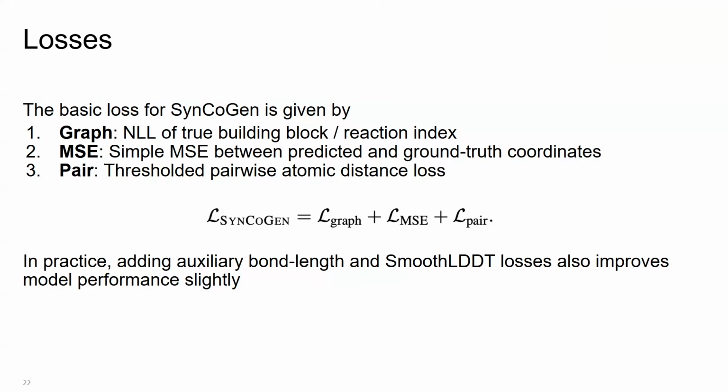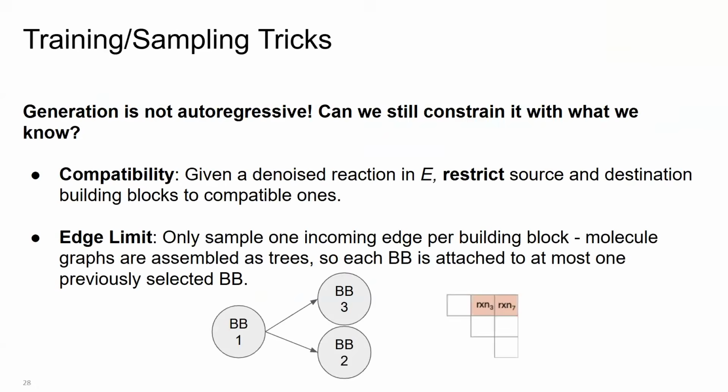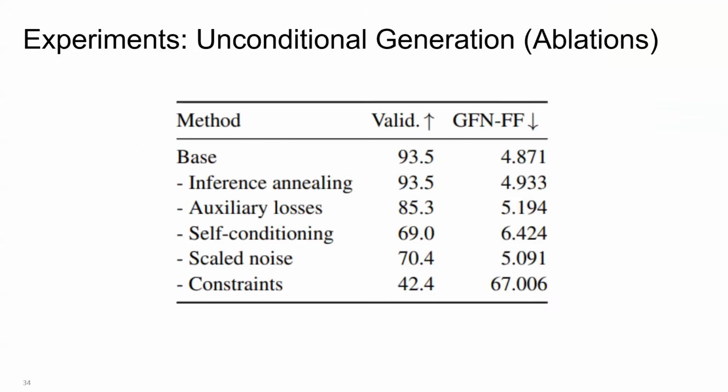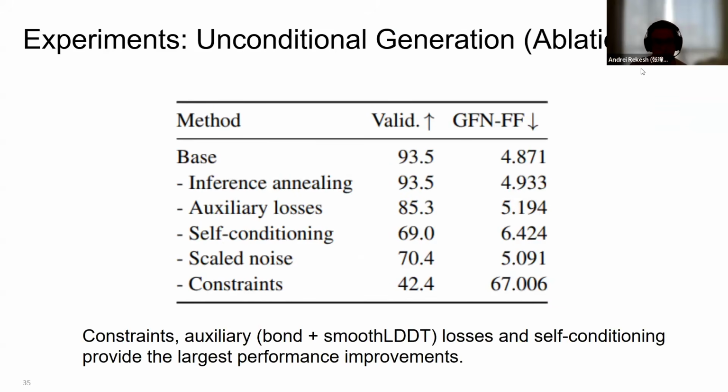In this slide, you said adding auxiliary loss improves model performance slightly, but I think you did an ablation study and saw that it improved by a large margin. I think it's more significant than other improvements like scaled noise.